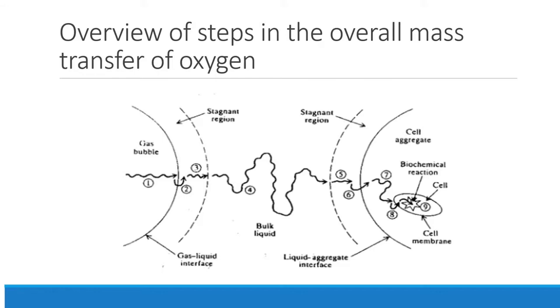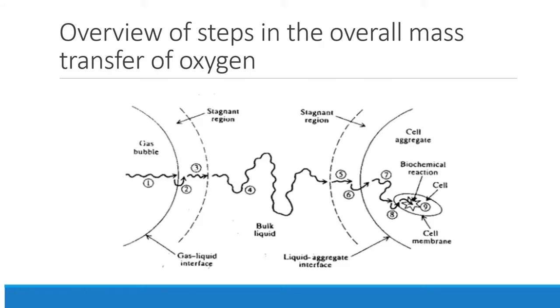Step 6 is the transport of the gaseous component through the liquid solid interface. Step 7 is the diffusion of the gaseous component within the internals of the cell cluster. And step 8 is the transport within the cell to reach the active site for the biochemical reaction to take place.